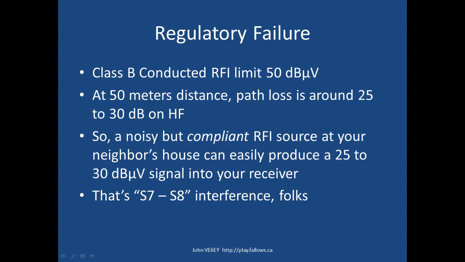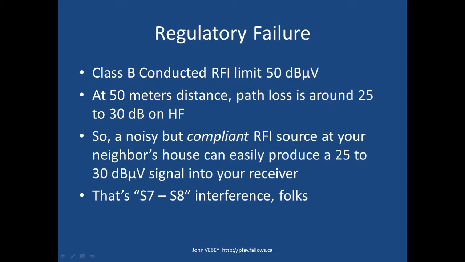Now, at 50 meters distance, the radiated interference is going to decrease because of something called path loss. But it'll still be around 25 to 30 dB microvolts signal coming into your antenna to your receiver. So just in case you haven't figured it out yet, even a properly regulated, compliant switch mode power supply can put off enough noise back into the power lines to distribute around your neighbors and result in an S7 or S8 level of interference.